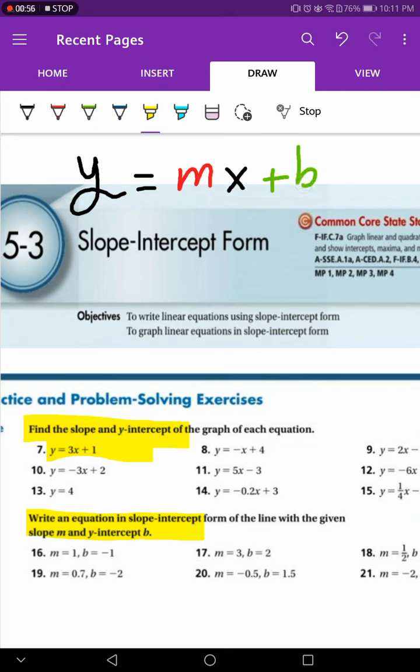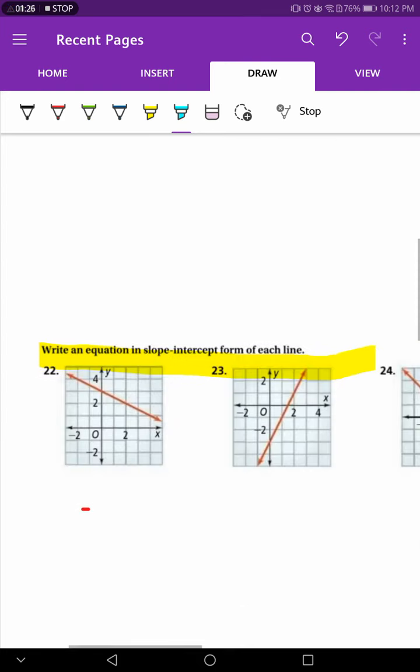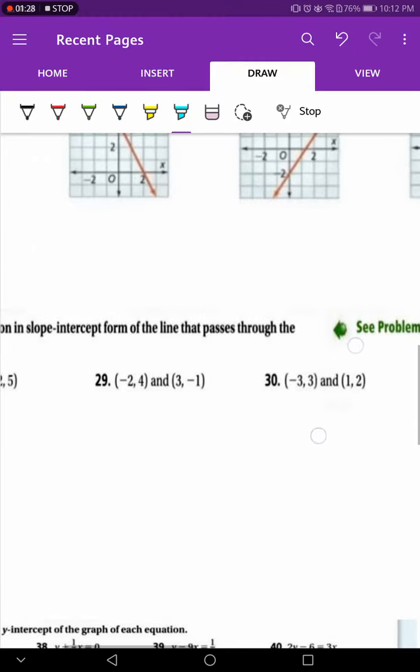So the name of this equation depends on the slope and the y-intercept. Because of that they name this form slope intercept form, because it depends on two main variables or constants, which are m and b, the slope and the y-intercept. Okay, now we reach here.